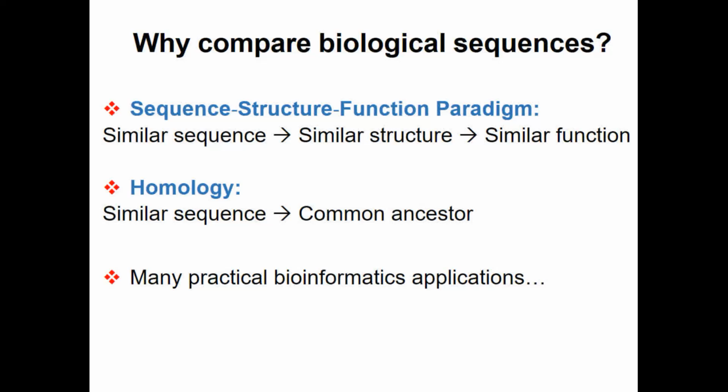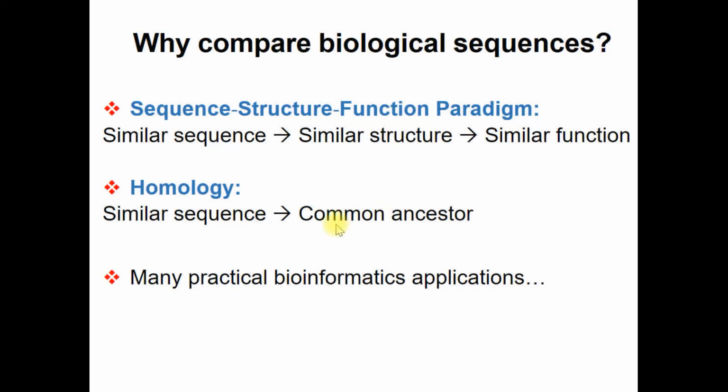First of all, there is a paradigm in biology that a similar sequence may have similar structures and may lead to similar functions. So in this case, the similarity between sequences can help us infer the possible function of an unknown new sequence based on the function of known sequences.